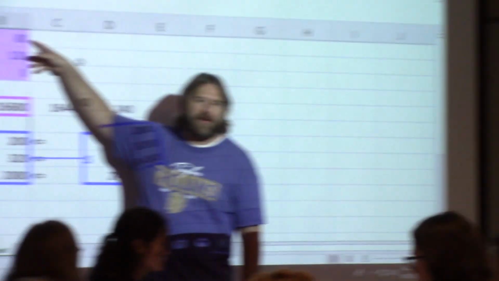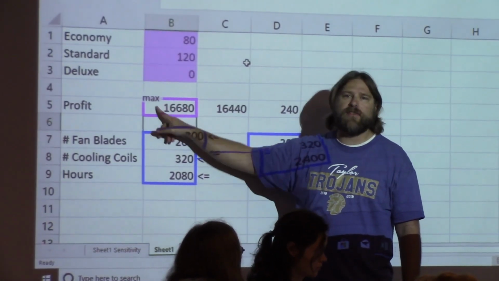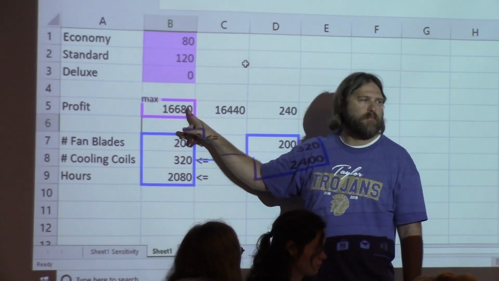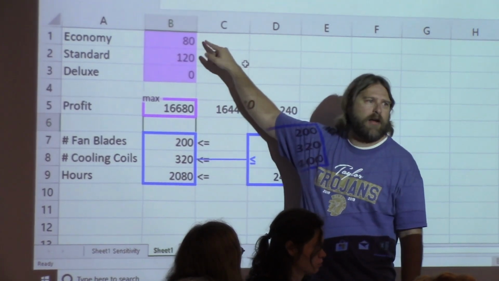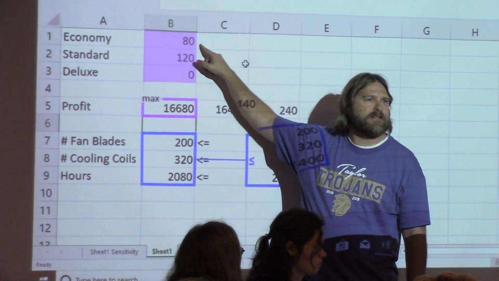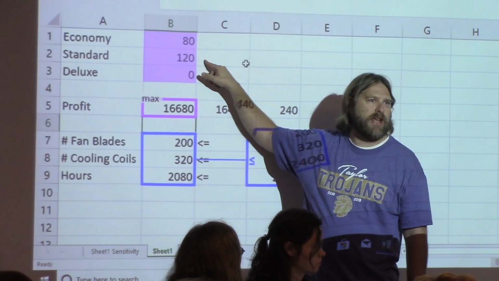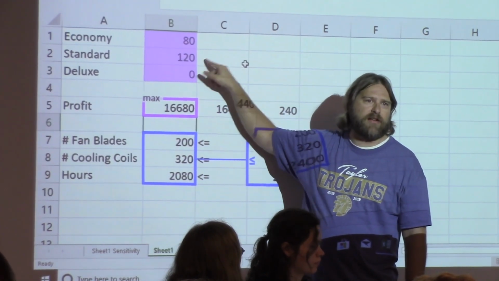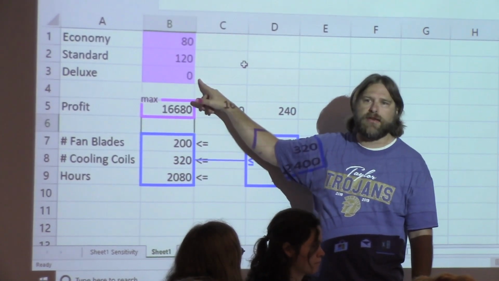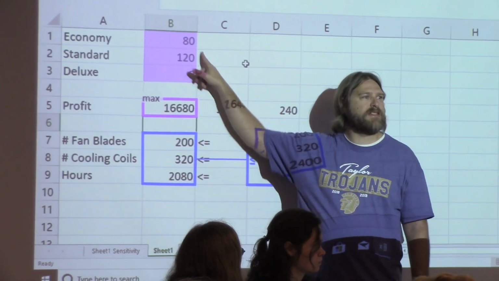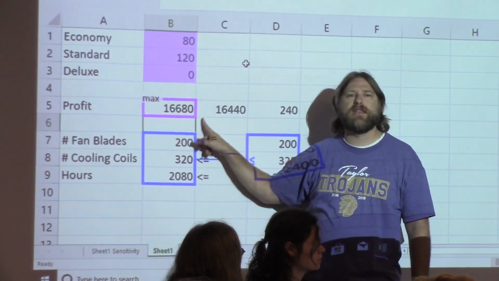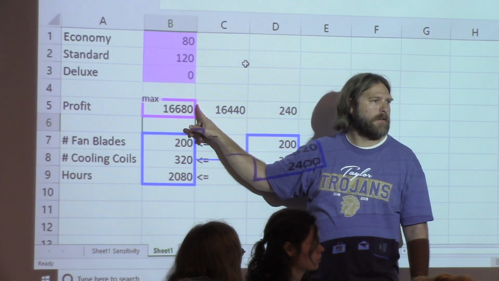This objective function is going to be different. But what we cared about is how many should we produce? The answer to that question was unchanged. We produce 80 of these, 120 of these, and 0 of these. Okay, so that's why we say the solution is unchanged, even though this value changed right here.